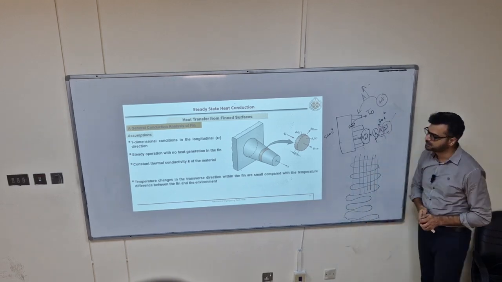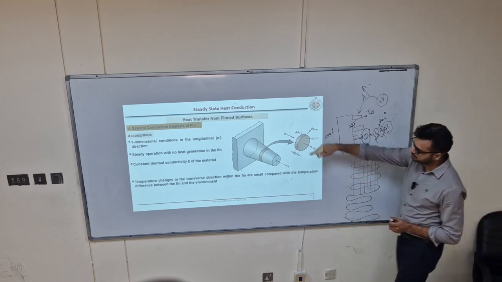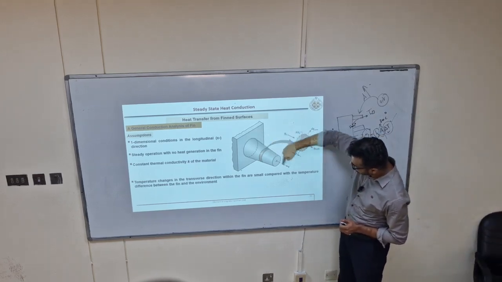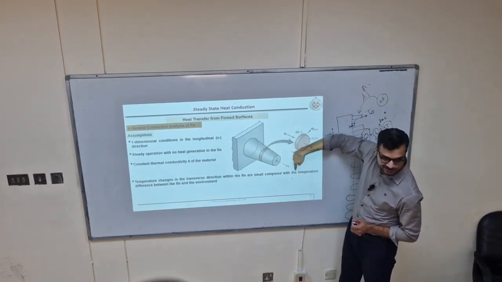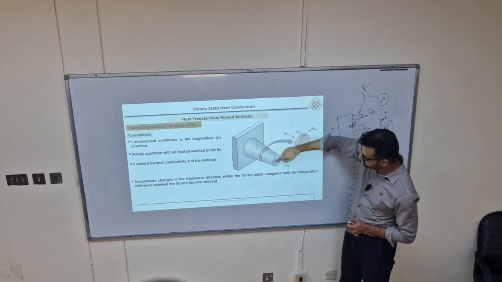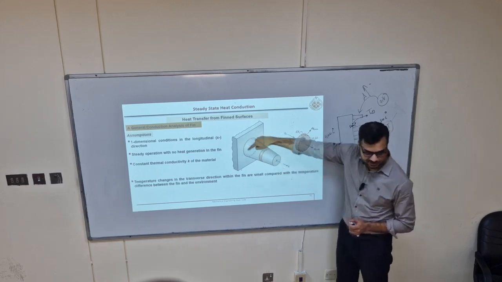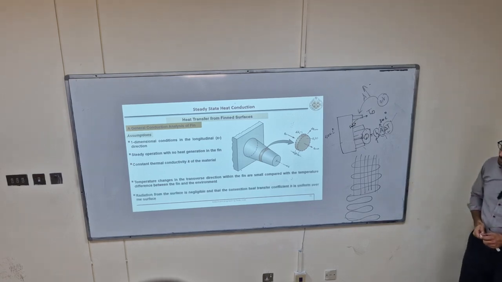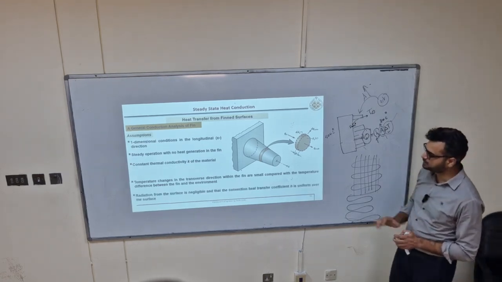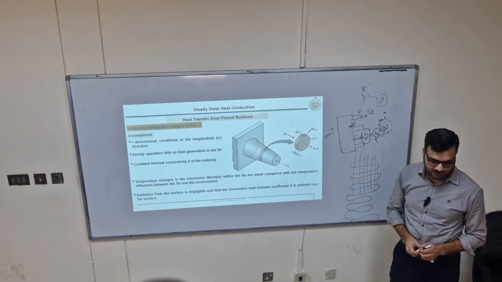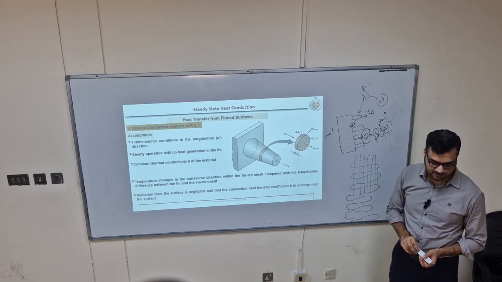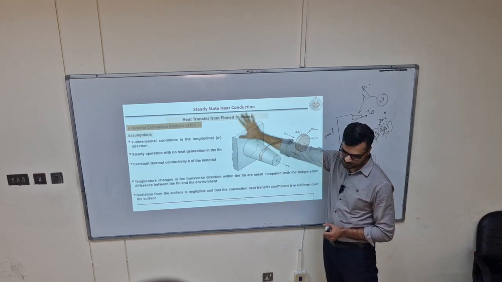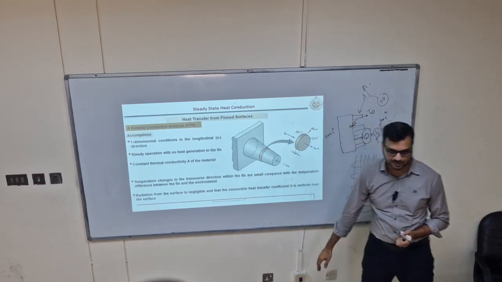Yes, you're right. But here it's not radial, actually it is the z direction. Even if it's a cylinder, we are not considering radial. We are considering the z or axial direction. Radiation, thank God, we are still neglecting so far. Otherwise, there are so many non-linear terms that come into play.